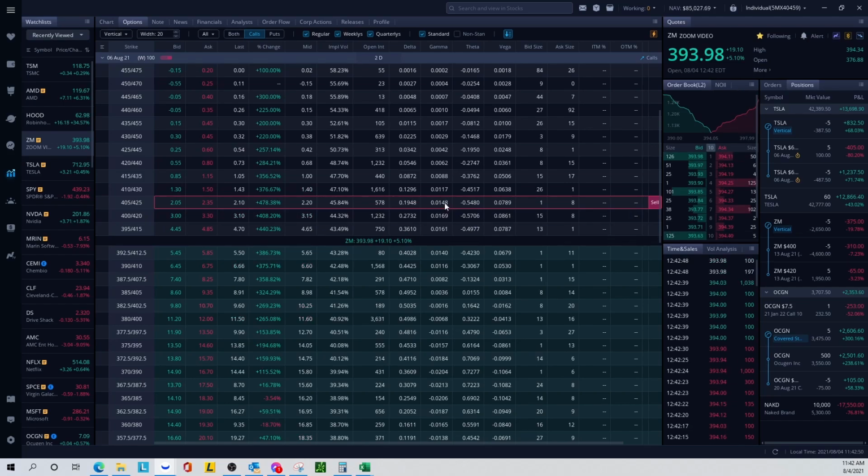So $1.50. Each dollar that the stock price increases, gamma increases delta by this much. Hopefully that makes sense, but that gives you an idea of what these Greeks are doing to the premium price relative to how the stock price moves.